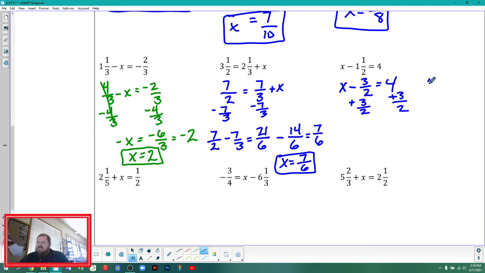Okay, and if I look at 4 plus 3/2, 4 is actually going to turn into 8/2 plus 3/2. So 8, oops, I don't know why I wanted that to be an 8 so bad. That's just halves. 8 plus 3 is 11, so we have 11/2. So x is equal to 11/2.